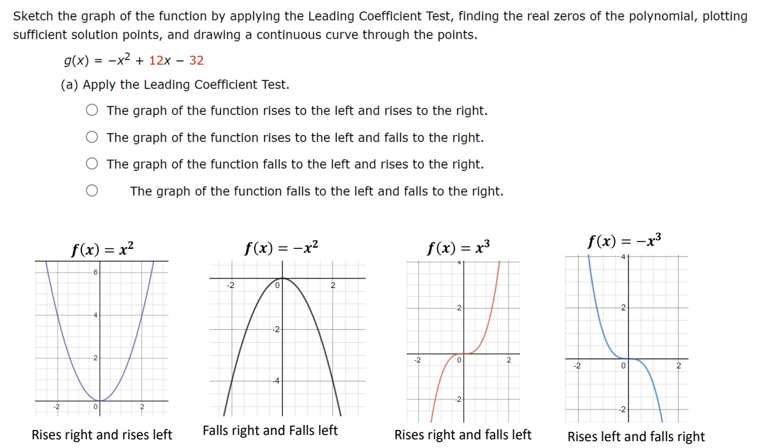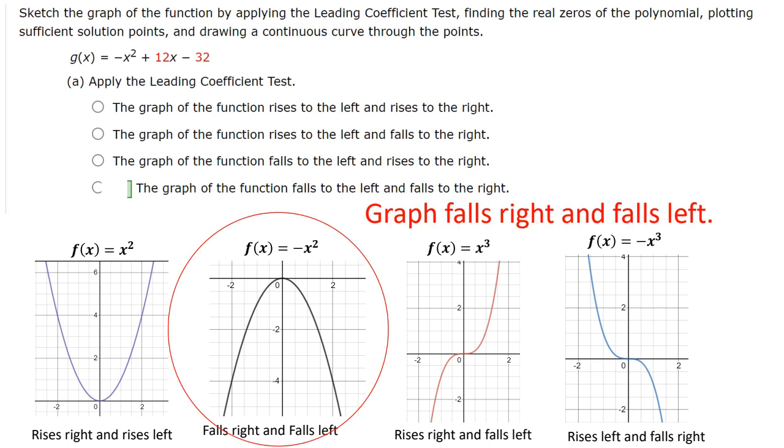If the degree is odd, like these two examples where 3 is an odd number, then these are odd functions. The case we just did is the second one: the leading coefficient is negative and it's an even function, so my graph is going to fall on the right and fall on the left.